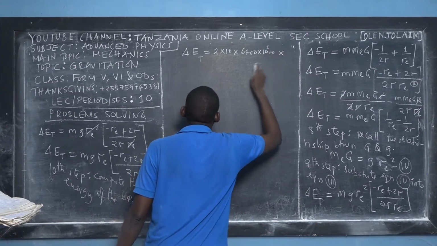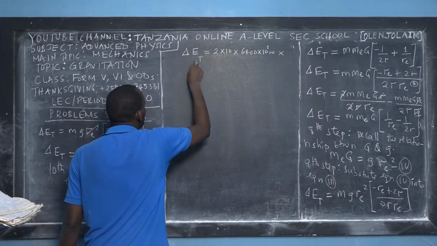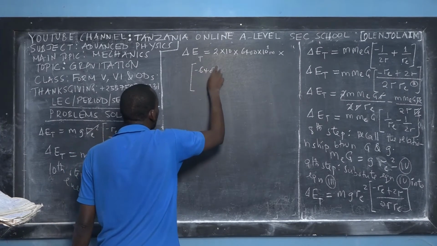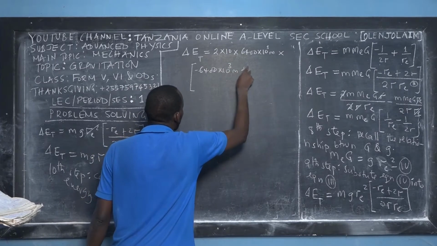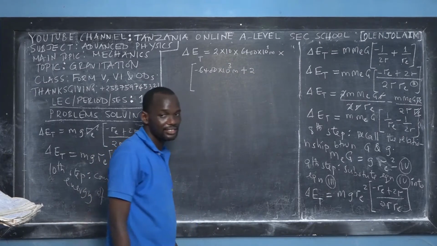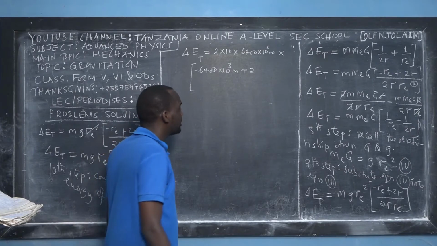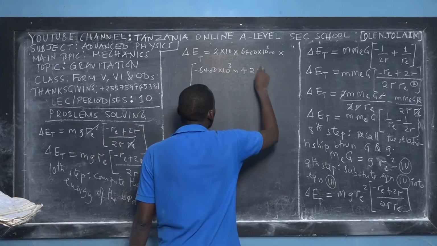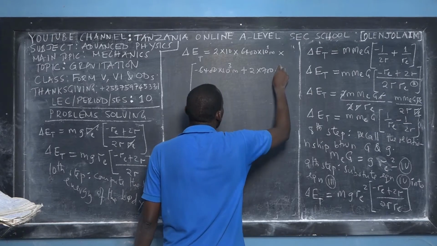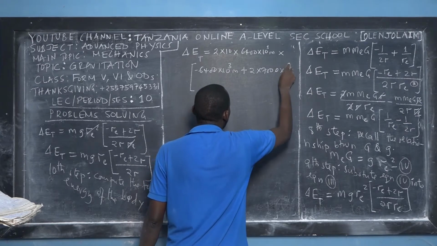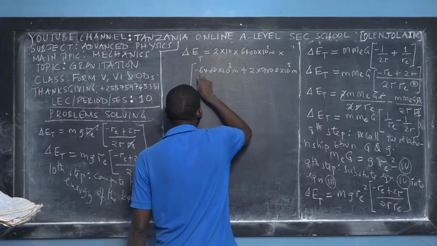And then we multiply by negative 6,400 exponent 3 meter plus twice the radius of the orbit, which will be given as 7,000 kilometer, exponent 3 to change it into meters.